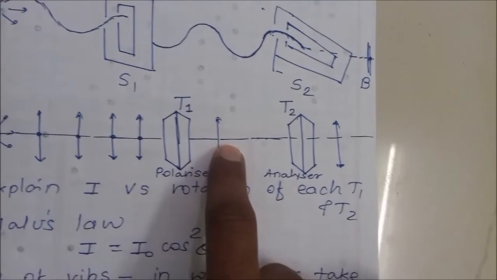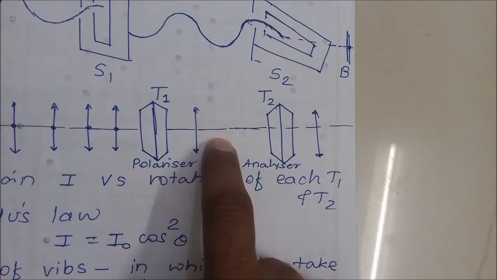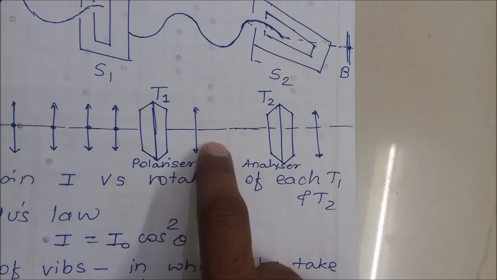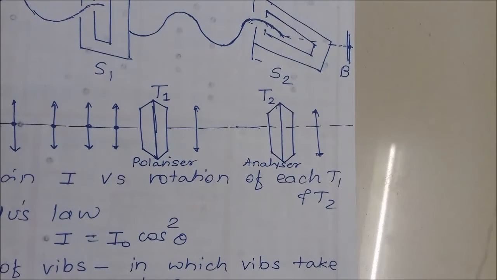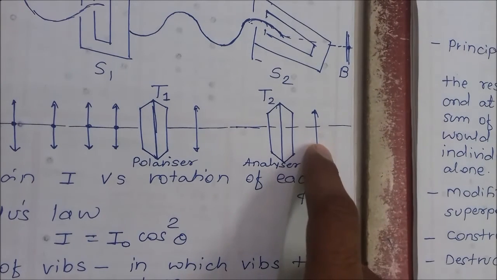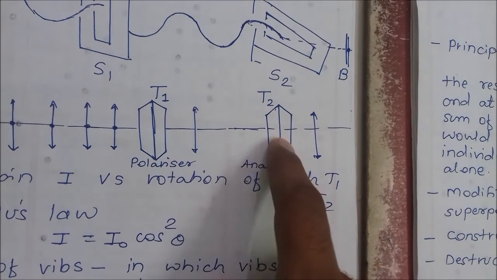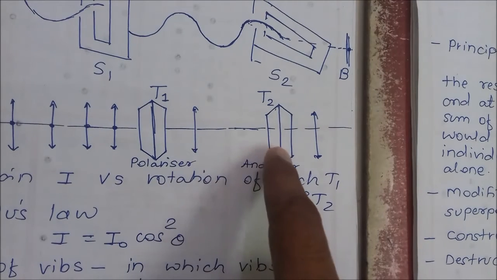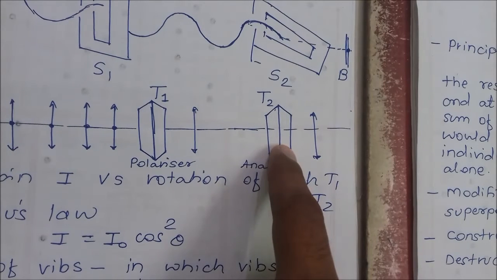Then if this intensity is I, this intensity is also I, because here all vibrations are vertical and this crystal allows only vertical vibrations to pass.